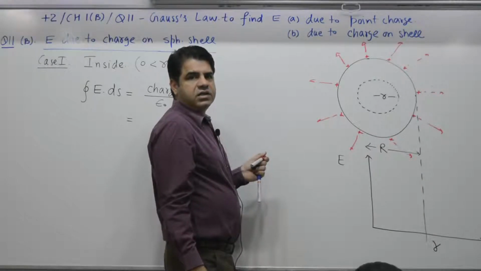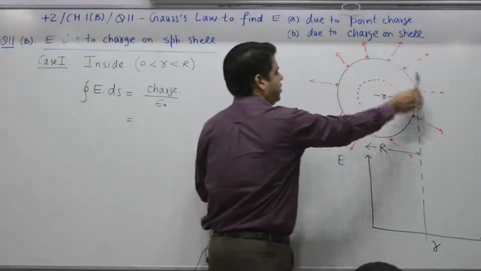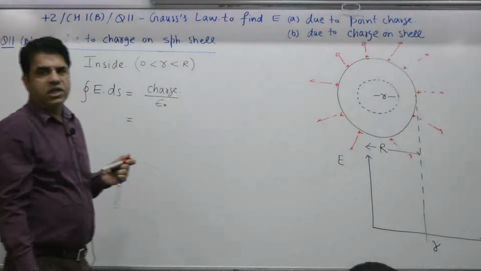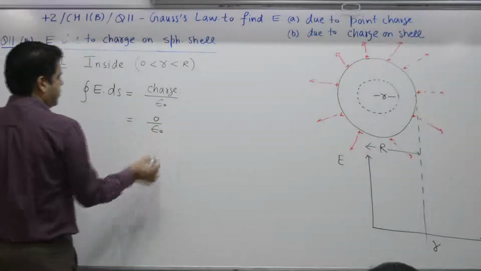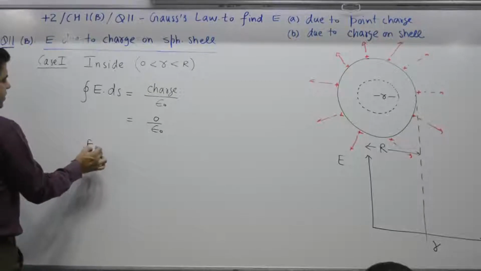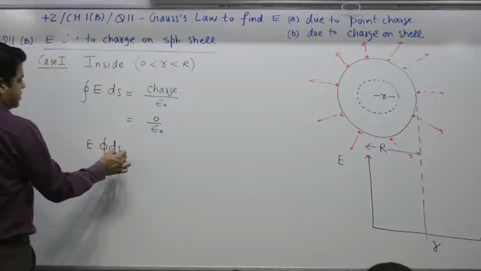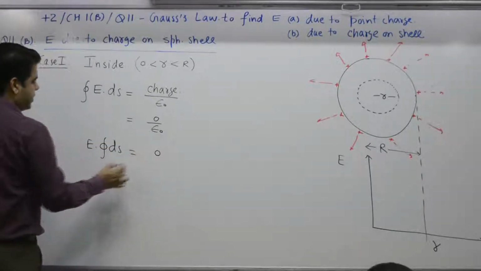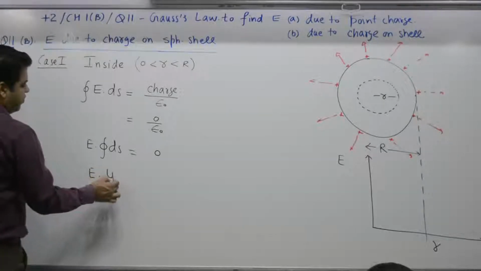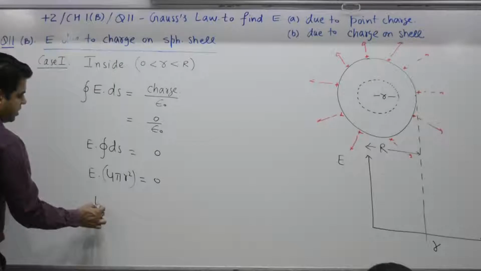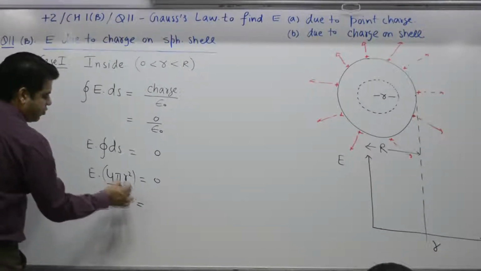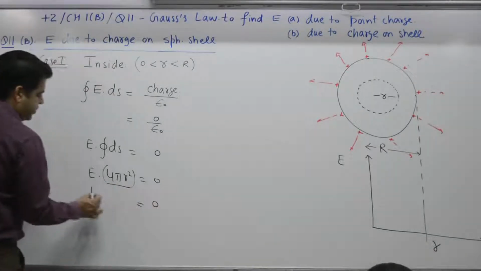Charge resides only on the surface. Charge inside is 0, so it is 0 by epsilon naught. E into 4 pi r square is 0. E is equal to 0 divided by 4 pi r square, which is 0.